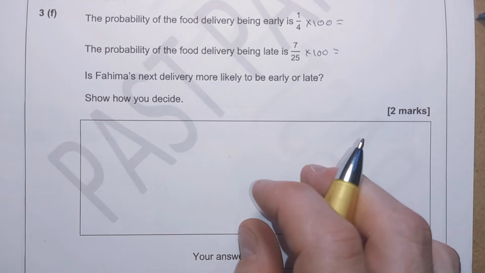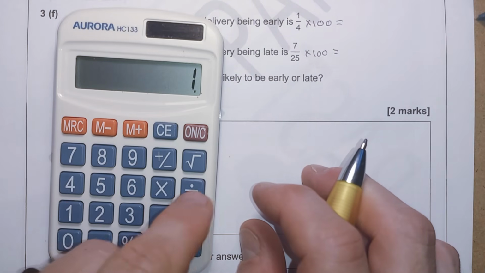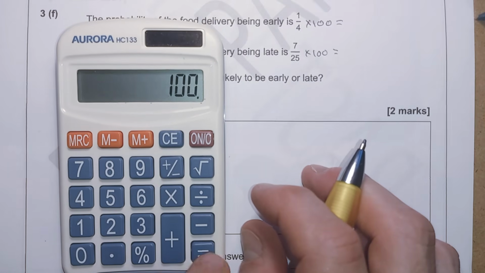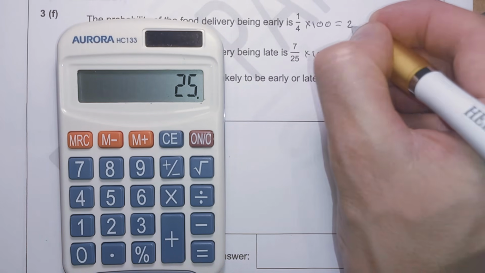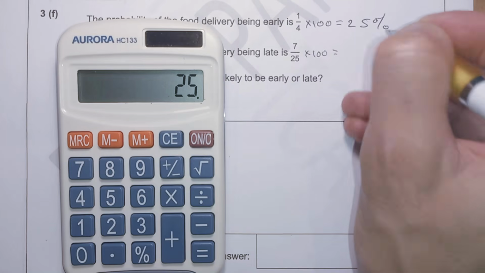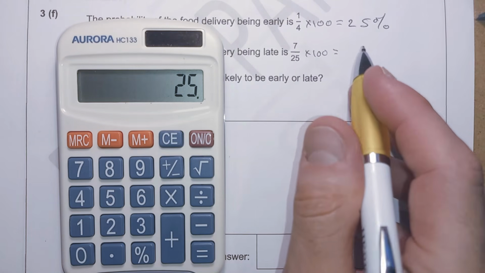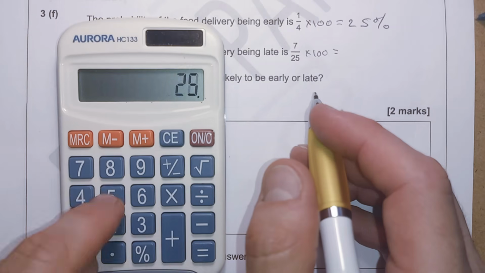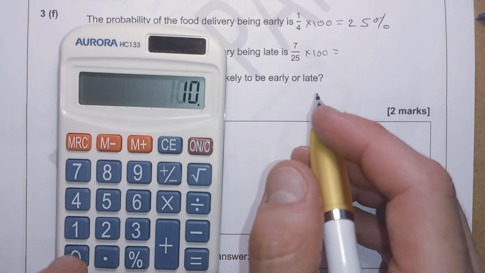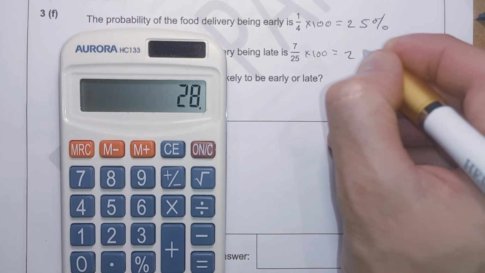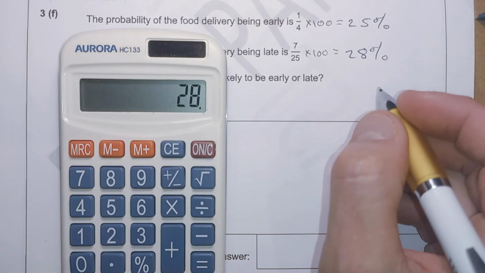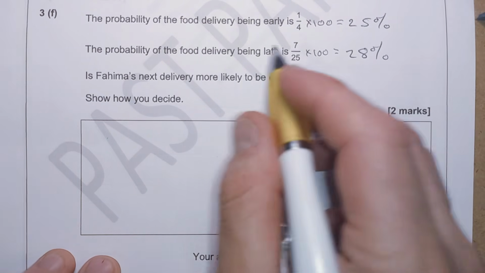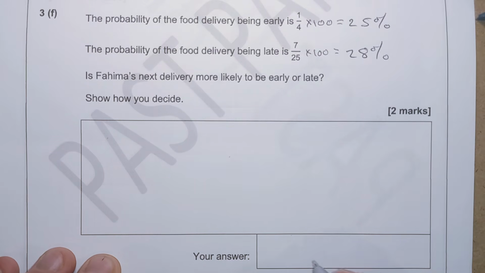Okay, so 1/4 just means 1 divided by 4, and then multiply it by 100 to get the percentage. 25%. You could leave it as a decimal, but I think it's easy to compare when they're percentages. So 7 divided by 25 multiplied by 100 is equivalent to 28%. So this one's bigger, so it's more likely to be late.